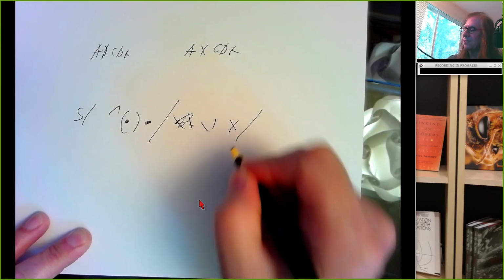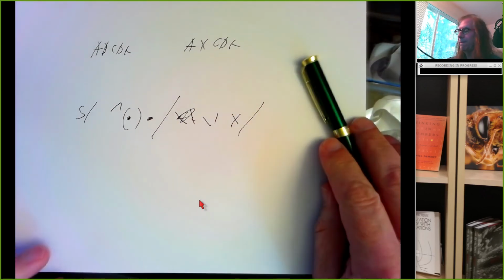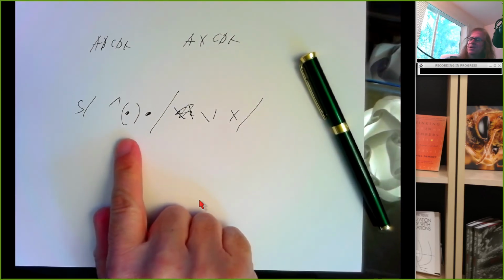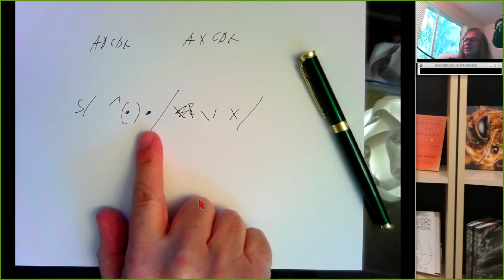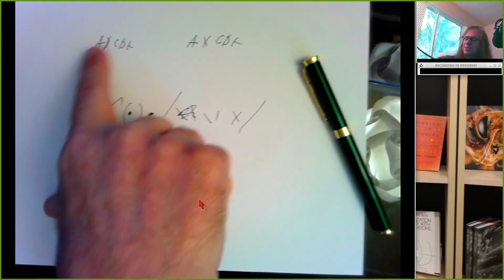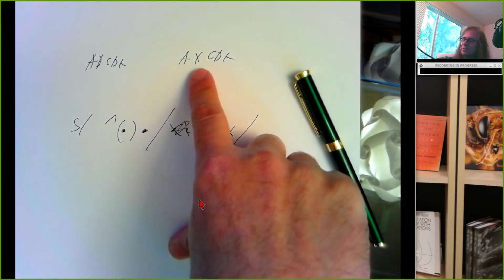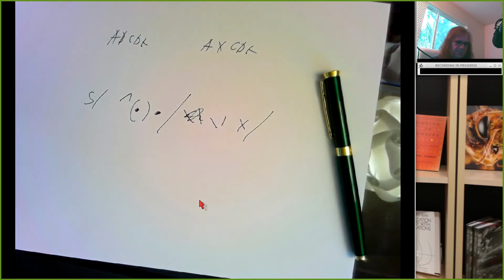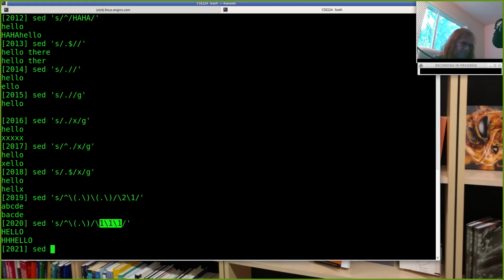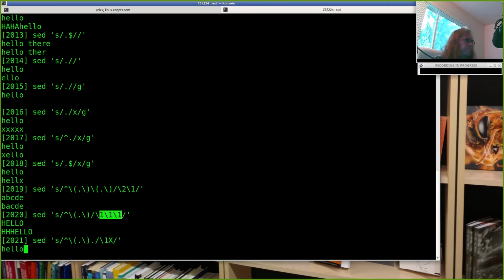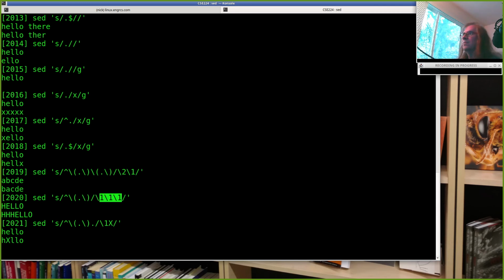And then the letter X. So match one character in the beginning, save it in register 1, match a second character. So in this case that would be A, B, and replace it with what we matched first, A, followed by the letter X. And so we can do all kinds of things like this.